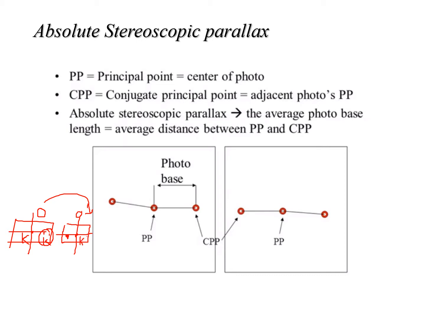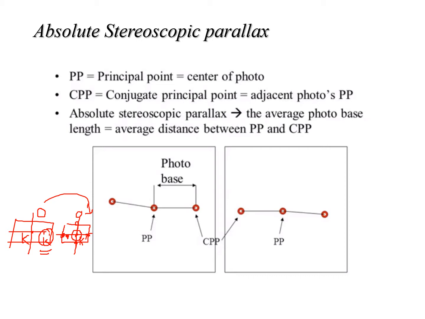A question might arise in your mind: do we know K dash earlier? No, we don't know. By observing, you can see the center or principal point by joining the fiducial marks: two fiducial marks on a vertical line and the remaining two fiducial marks opposite each other in a horizontal line.